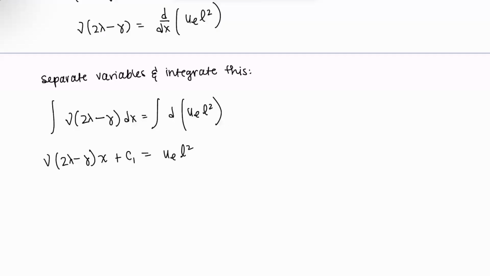From our boundary conditions, we know that UE at x equals 0 is 0, which means that C1 must be 0, right?